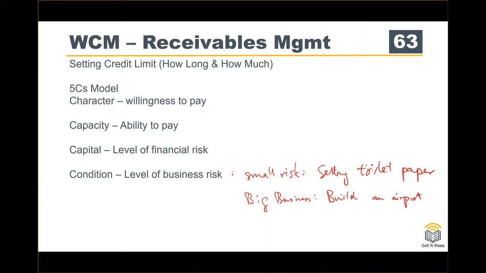building an airport. So for the first one, selling toilet paper, everyone needs toilet paper. The demand is very stable, so the growth may not be so significant, but it's very stable, and the company can generate very stable cash flow. So in this case, for companies selling toilet paper, the level of business risk is lower.